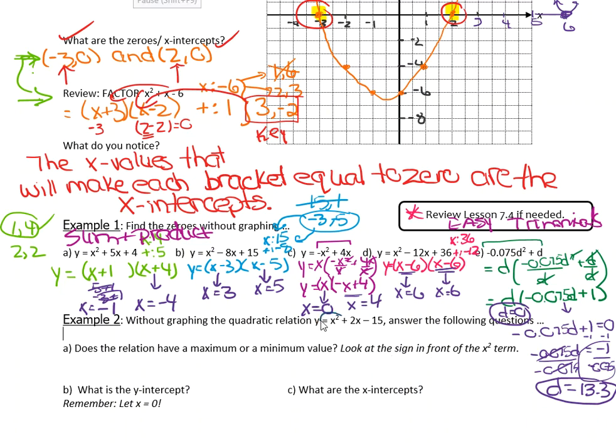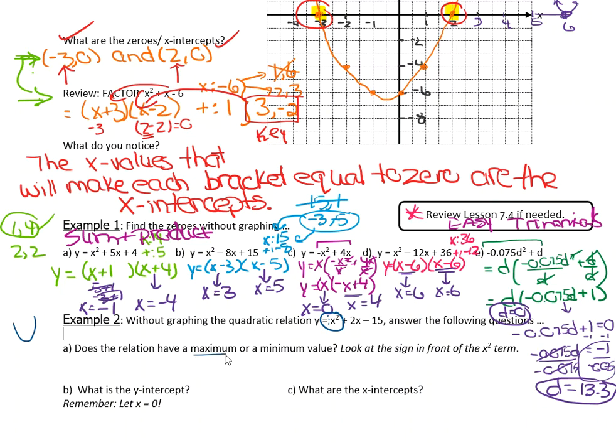So my x squared term right here has an invisible positive 1 in front of it. Positive 1. There's no negative there. So if the sign in front is positive, you'll remember, that means your parabola is going to open up. That's your happy face. The opening is going to be at the top. So my parabola is going to have that shape.